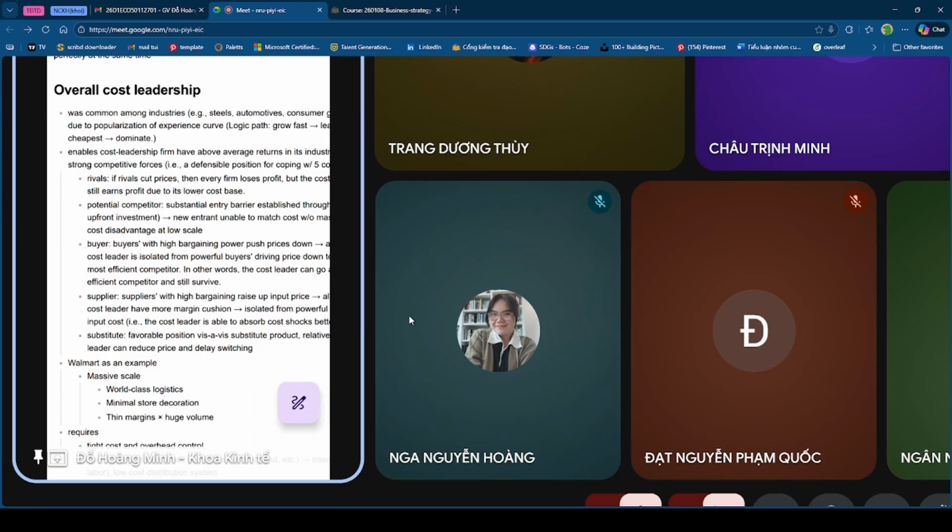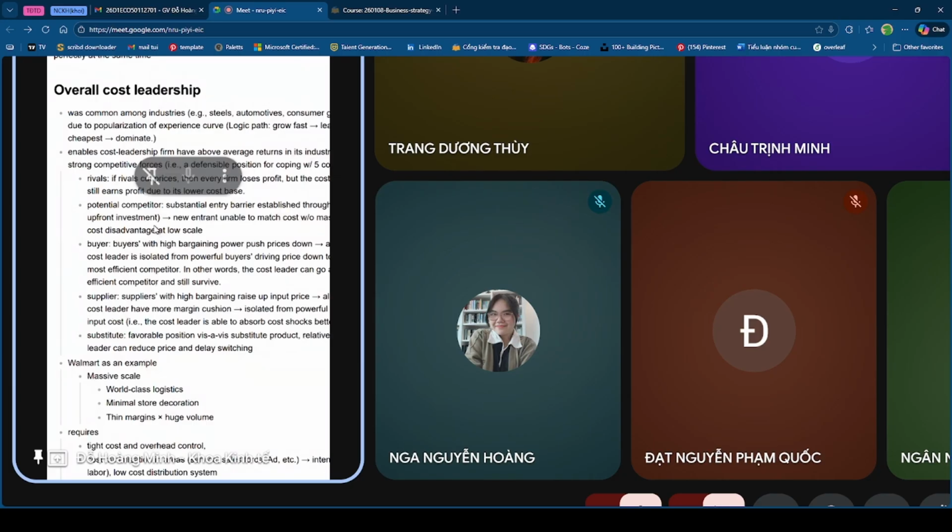So this advantage really matters because it helps the firm to cope with the rival. How does this advantage help the firm to deal with the rival? If the competitors try to reduce the price and engage in a price war, every firm will lose profit, right?